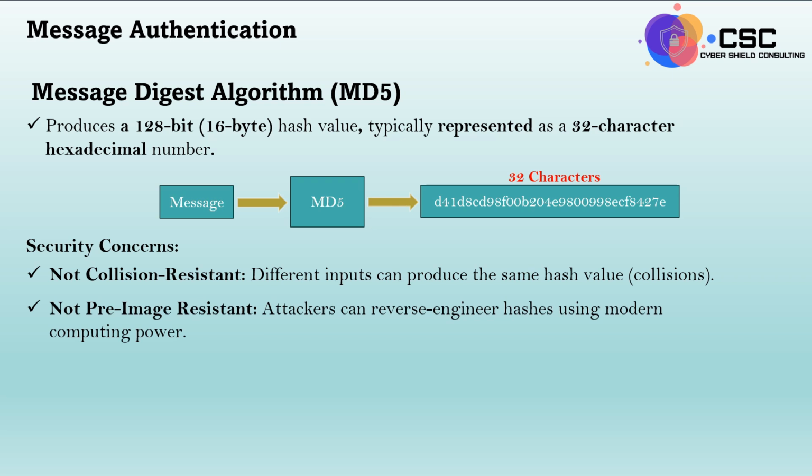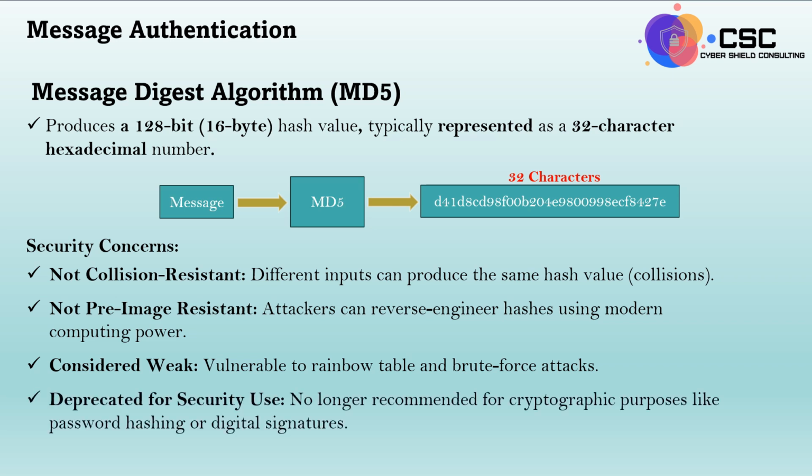Additionally, pre-image attacks allow attackers to reverse engineer the original input from its hash, making it unsuitable for password storage or digital signatures. Despite its flaws, MD5 is still used today for file integrity checks and non-security related hashing, such as generating unique file identifiers.